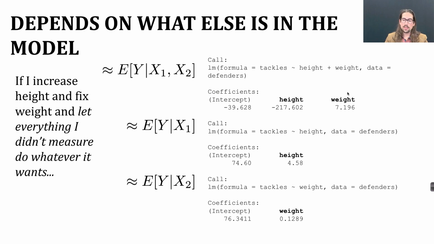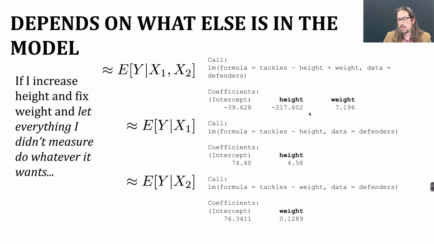Consequently, if I look at this one up here, the thing that you need to remember is that weight is being held fixed, but anything else that I'm not measuring is allowed to vary in whatever way that it wants. And what that means is that my coefficient on height is kind of sucking in whatever. It's trying to explain the tackles the best it can, right? Maybe there's some other stuff. In this case, I cooked up the data, so I know there isn't. But maybe there's some other stuff out here that I'm not including in the model.